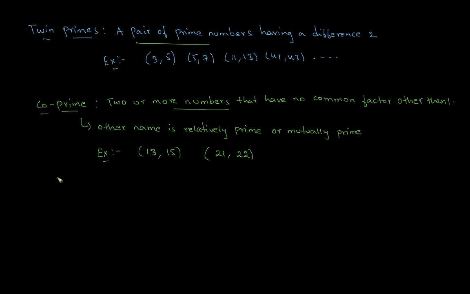Right. Now we see the properties under the co-prime, right? The first point, any two consecutive natural numbers are co-prime.